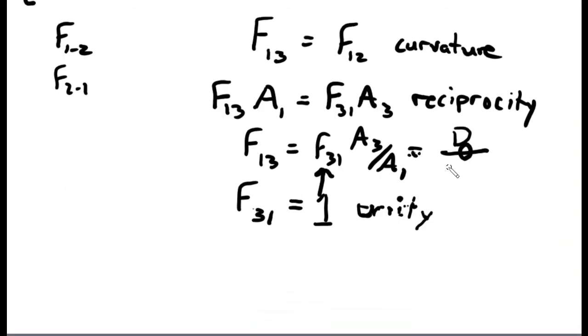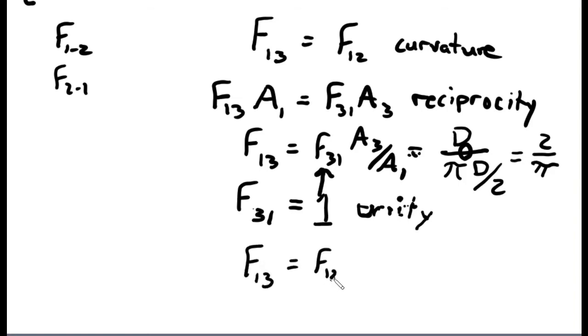So what is the circumference of a circle? Well, it's pi times d. We already said it's half of it. So the d's cancel and we're left with 2 over pi. So f from 1 to 3, which is equal to f from 1 to 2, is equal to 2 over pi.